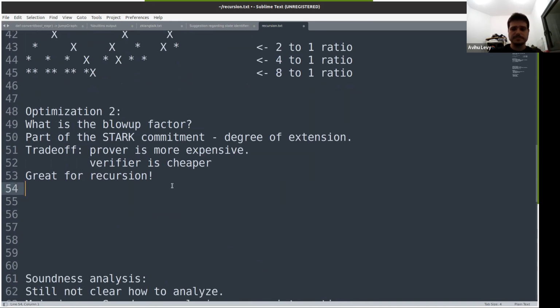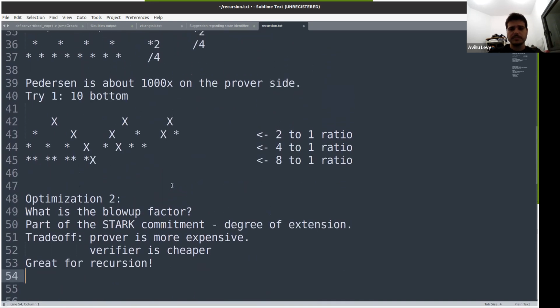So what's the degree extension that you end up using in the recursion? Well, we are experimenting right now with all kinds of things. So instead of 16, we think about maybe going to 4 or 2, but it really depends on the layout and the exact built-ins we have, because there are some aspects of the prover itself that are not scaled by the blow-up factor.